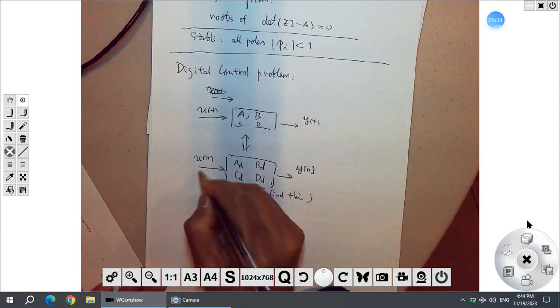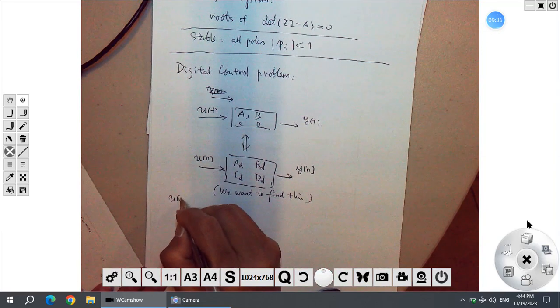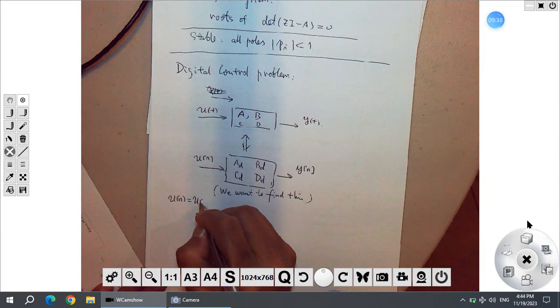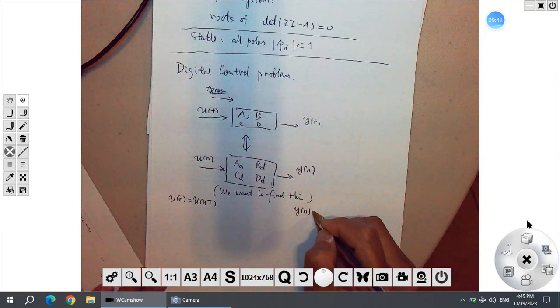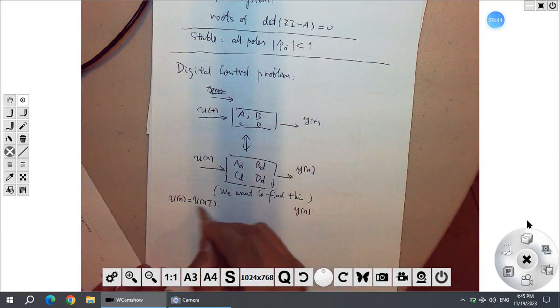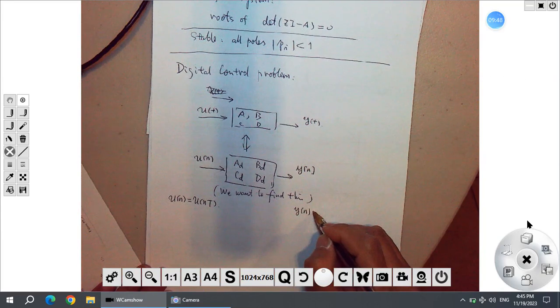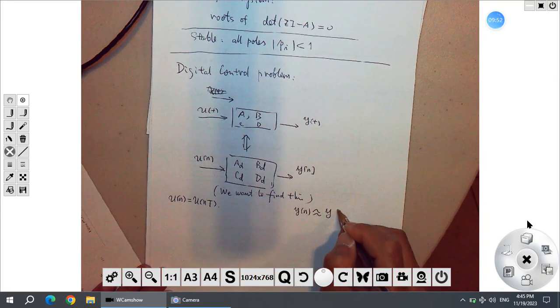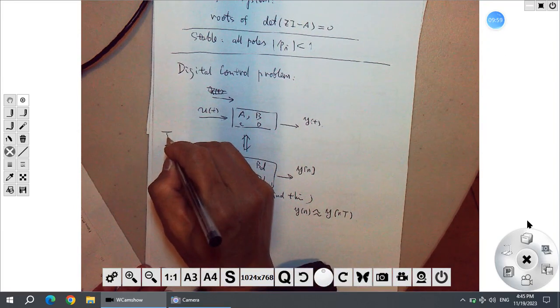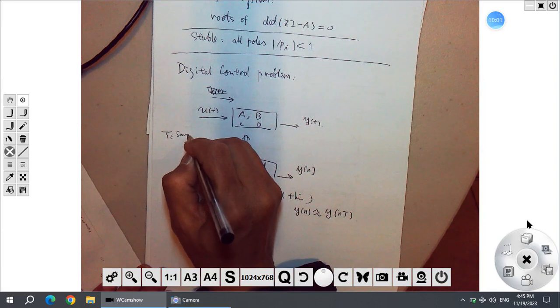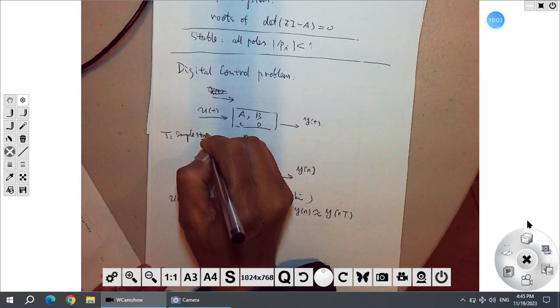And here u of n equals u of nT. And y of n, this side we can select them to be the same, but it might be just like these. Alright, T is the sampling step.